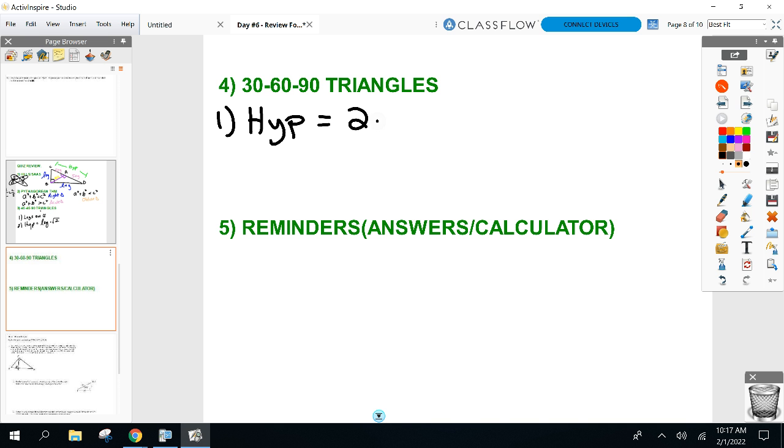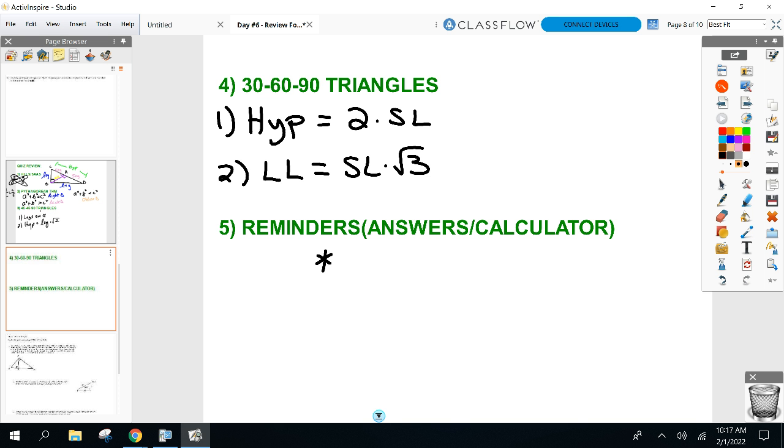Two times the shorter leg. Where's the shorter leg located? Across from the 30, yep. Longer leg is where? Across from 60, and how do I find it?